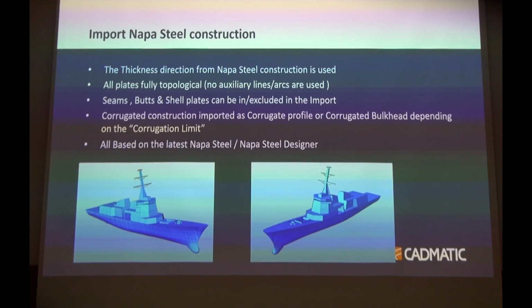Seams, butts and shell plates can be included in the import. Corrugated construction is imported as a corrugated profile or a corrugated bulkhead, depending on the corrugation limit set in the system management. All those developments are based on the latest Napa steel design.